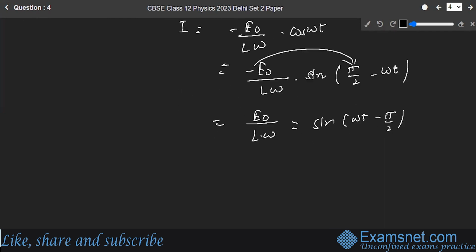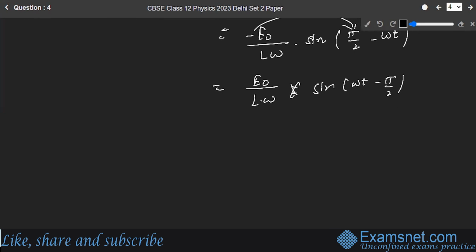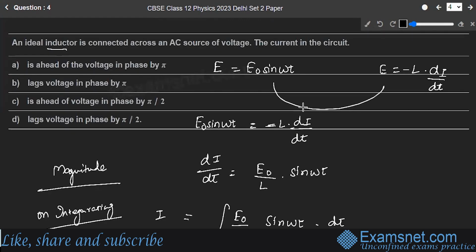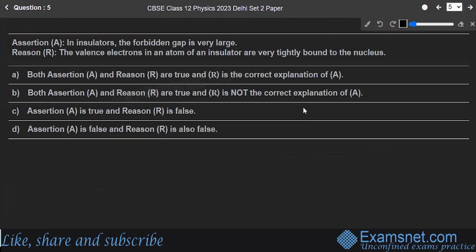This was your current. So I is equal to I naught sine omega t minus pi by 2. Therefore, the current lags voltage in phase by pi by 2. So you have the option, this is the right answer to the question. Hope you understood this. Let's move to the next question, number 5.